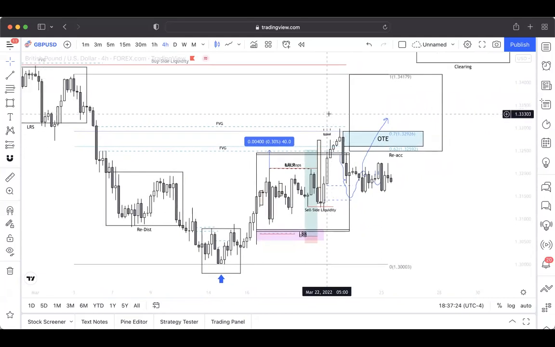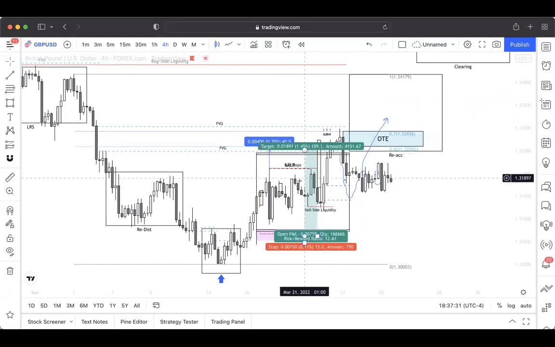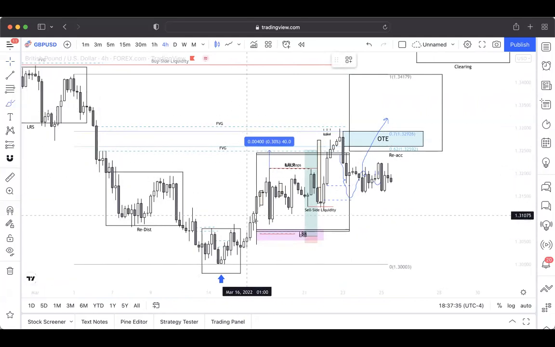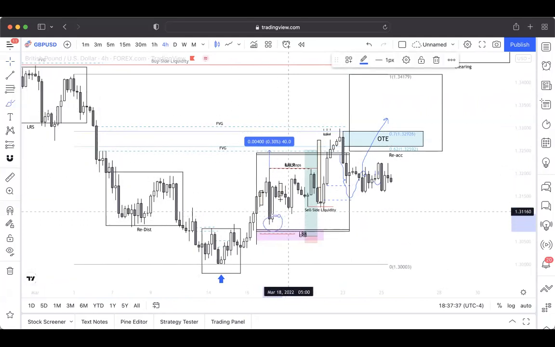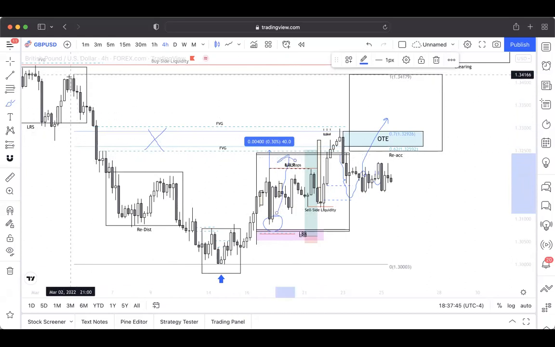So then you would consider this fair value gap as an area you could use. Let's say you would take a trade from the bottom here, and you could use the fair value gap as a target because it's pulling the price in. And you could also use the optimal trade entry as a target because it's aligning with the fair value gap.